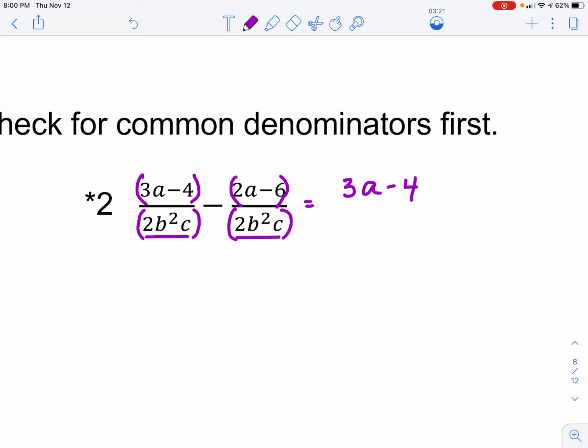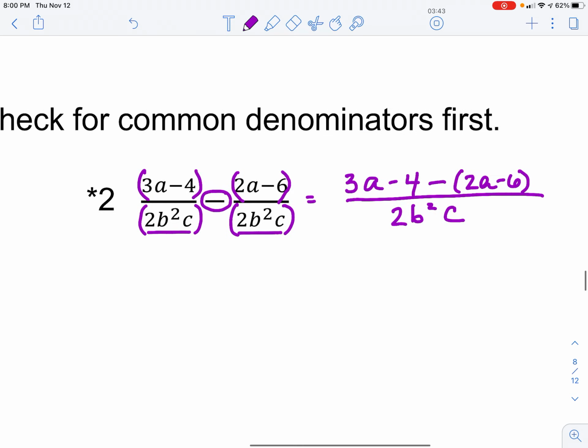And I need to bring that up because this is being subtracted here. So when I subtract 2a minus 6, that subtraction sign is actually going to affect some of the terms here in that second fraction. So let's put the same denominator on the bottom here.